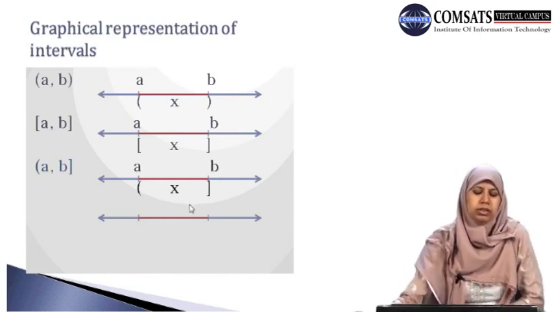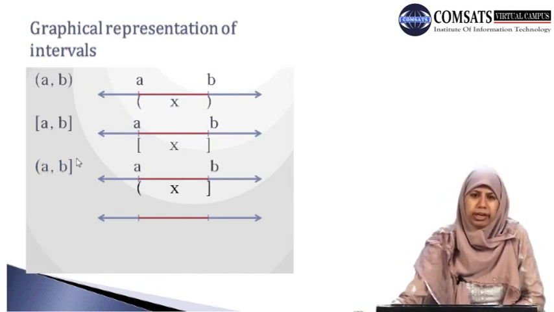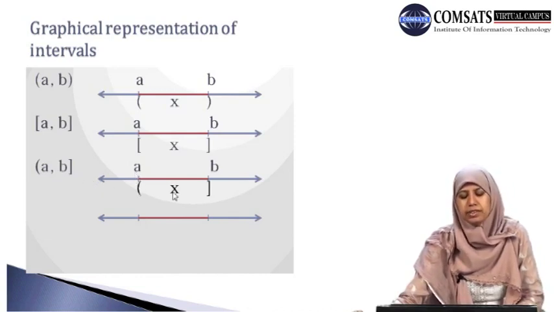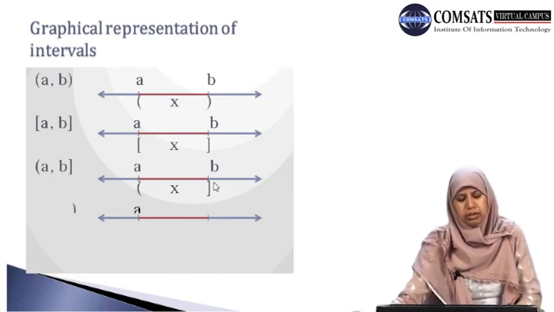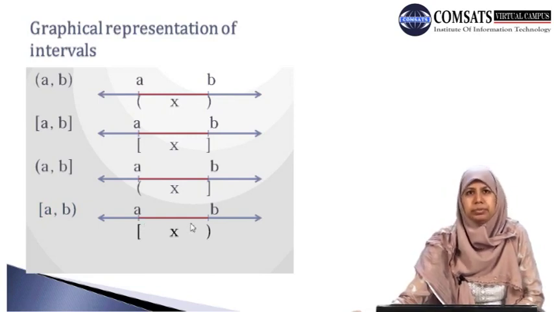Our half open interval, open from the left side, means round bracket on the left and square bracket on the right, and x is greater than a and less than or equal to b. The other half open interval, open from the right side and closed from the left side, means x is greater than or equal to a and less than b.